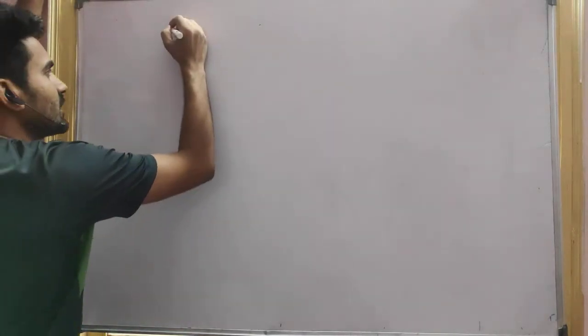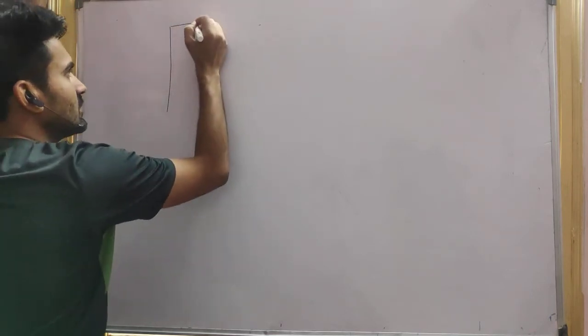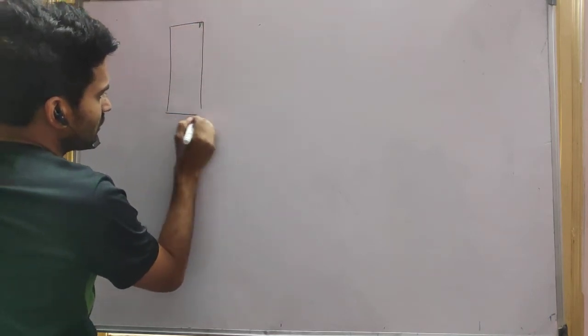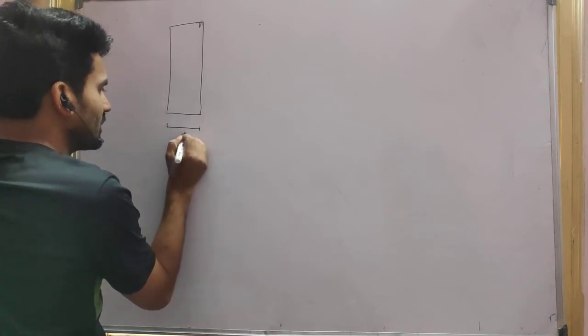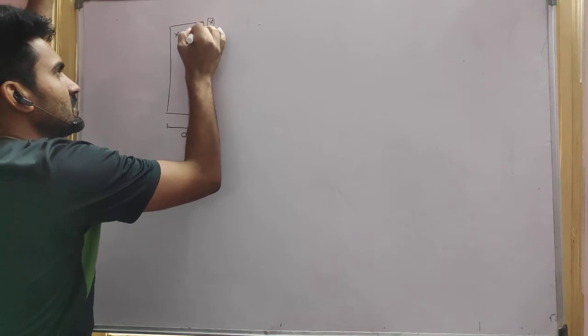If a charge enters a magnetic field which is of d distance, from here, okay, it is inward, like the magnetic field is this much only.